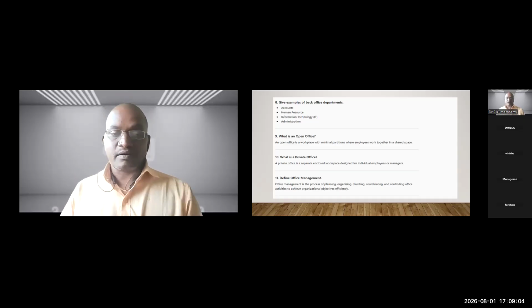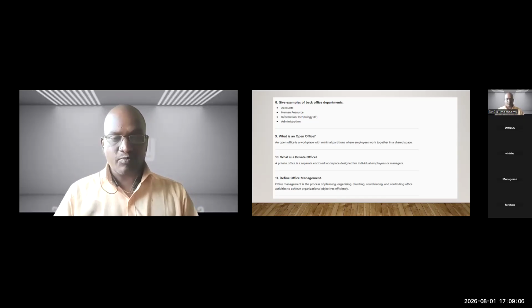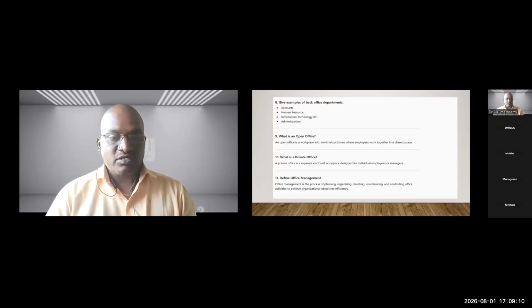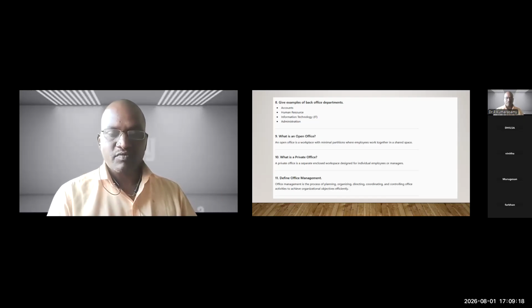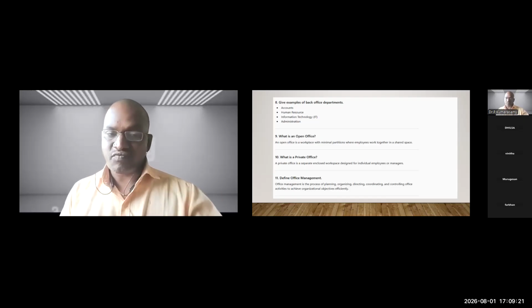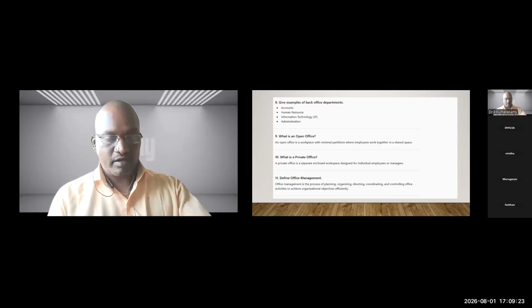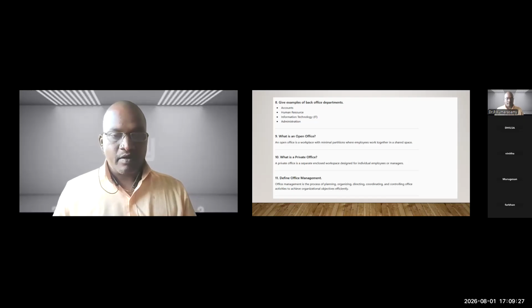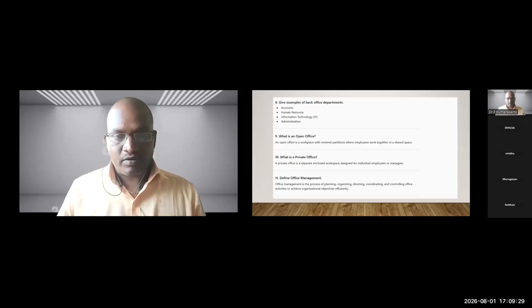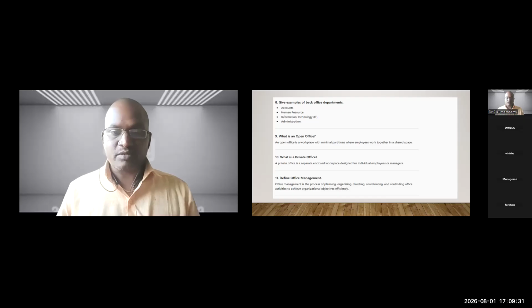Then what is a private office? It is the opposite of an open office. A private office is a separate enclosed workplace. This room is for finance, another room is for HR, and another room is for the sales department.